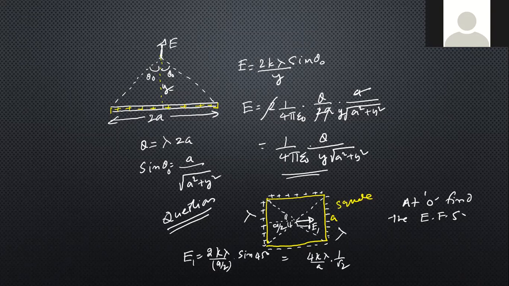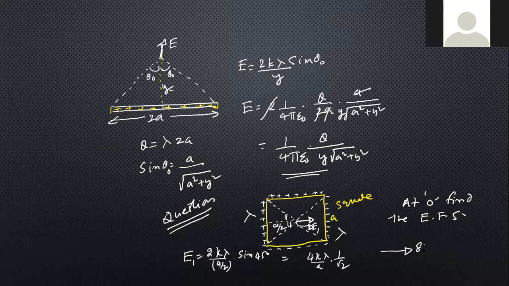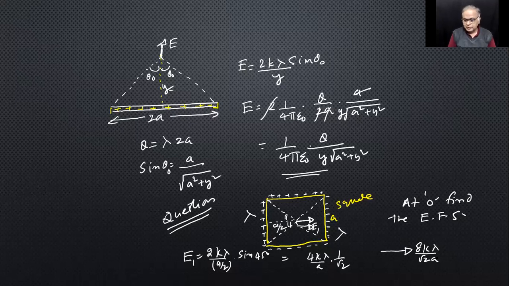So in this direction, how much is my E? 2 into 8k lambda by root 2a, right? Now, similar thing if you do, for this it is like this, and because this is minus it is like this, right?